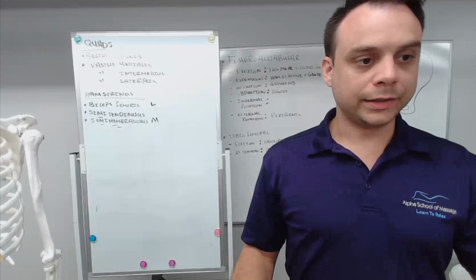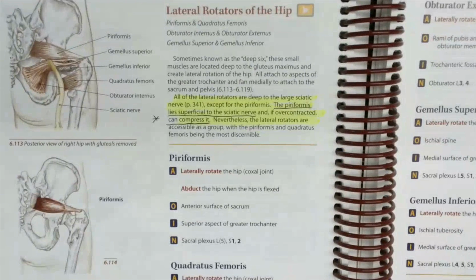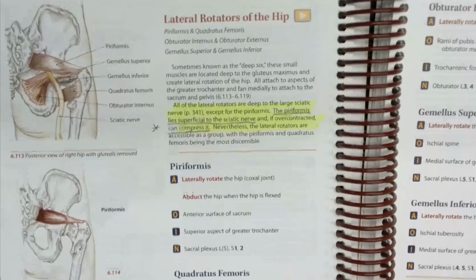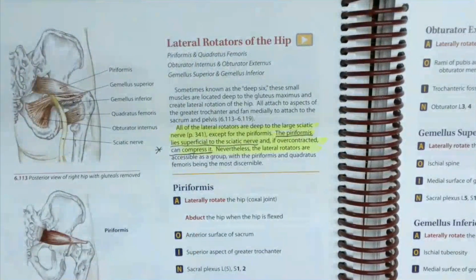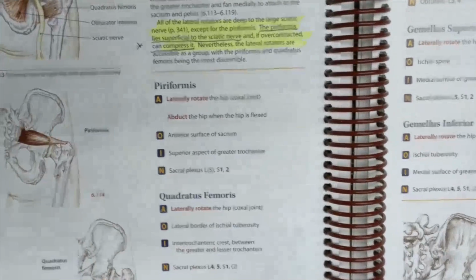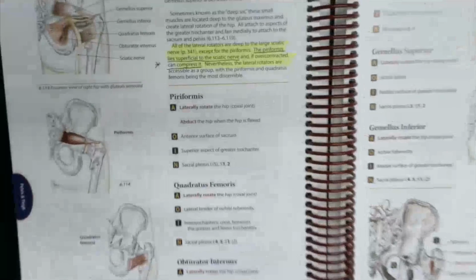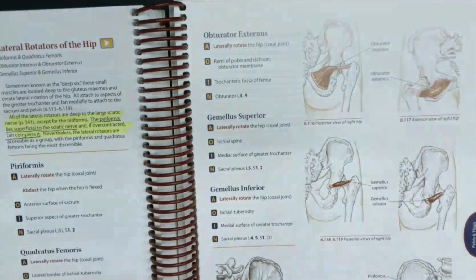So another muscle group here is what we call piriformis, and we say the deep six, as we would often call them. So we can see what's called the lateral rotators of the hip, which includes piriformis, quadratus femoris. And then we have a few additional muscles, including obturator internus and externus, and then the gemellus superior and inferior.